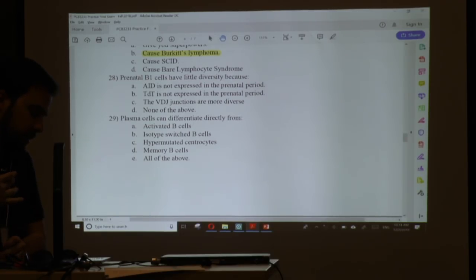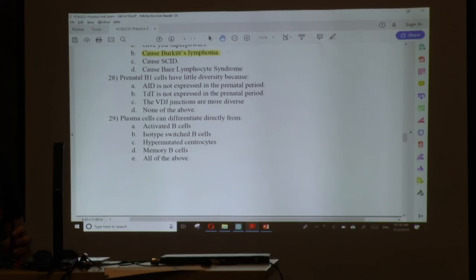And they're special because their BCRs are not going to be as diverse as B2 cells, right? What gives the diversity to the BCR in B2 cells? What gives the junctional diversity? Which enzyme?